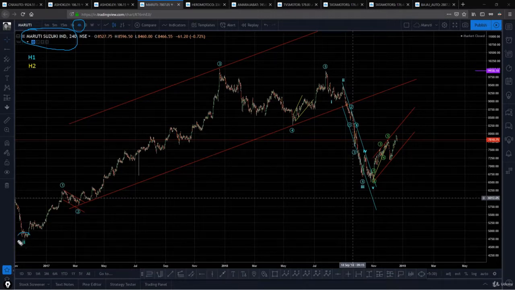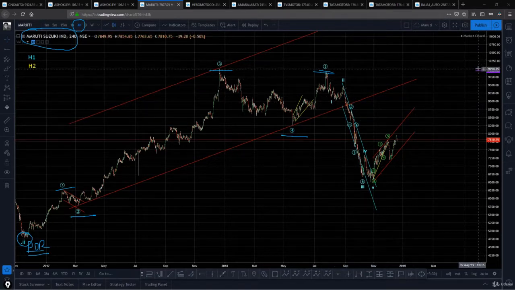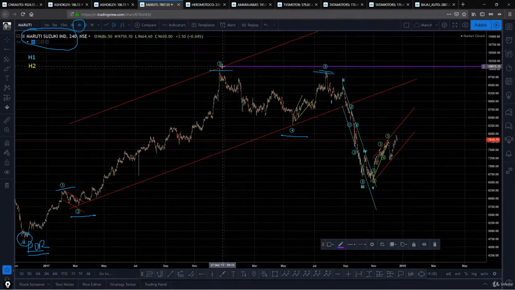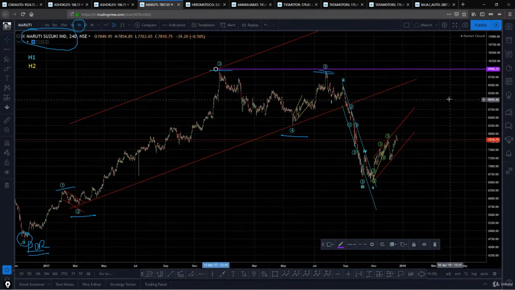If we start our discussion from this point of reference, we have a wave 1 completing over here, 2 completing over here, 3 over here, 4 over here, and this is our wave 5. Now if we take a line and put it at the high of this wave 3, let me remove these drawings.